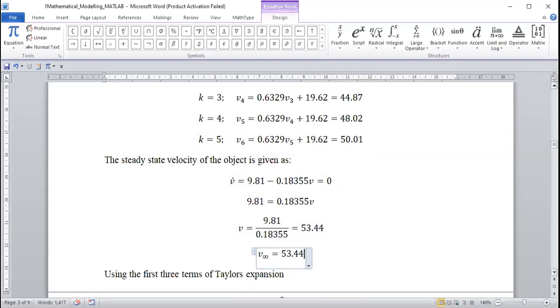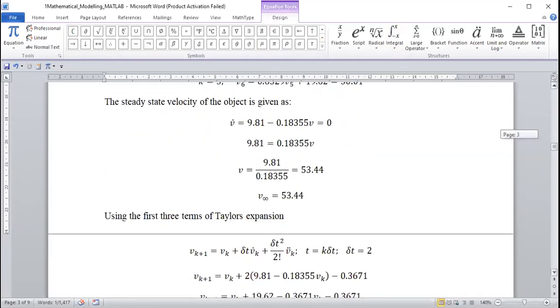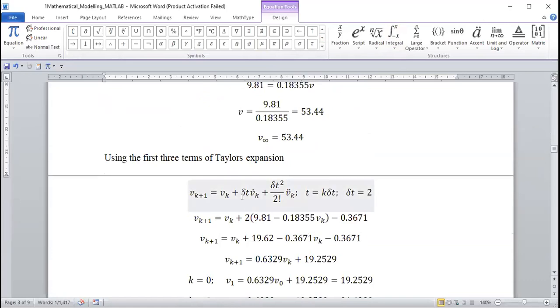So like I said, we are going to be using Euler's method. Euler's method uses the first two terms of the Taylor series expansion. But in order to be much more precise, you can decide to use the first three terms of the Taylor series expansion.